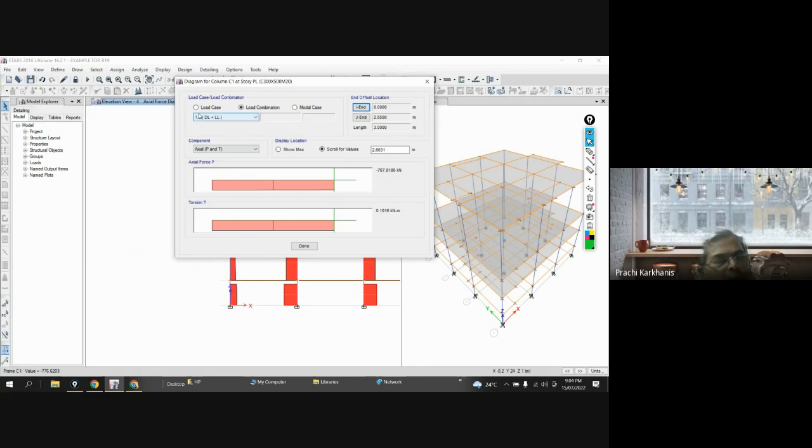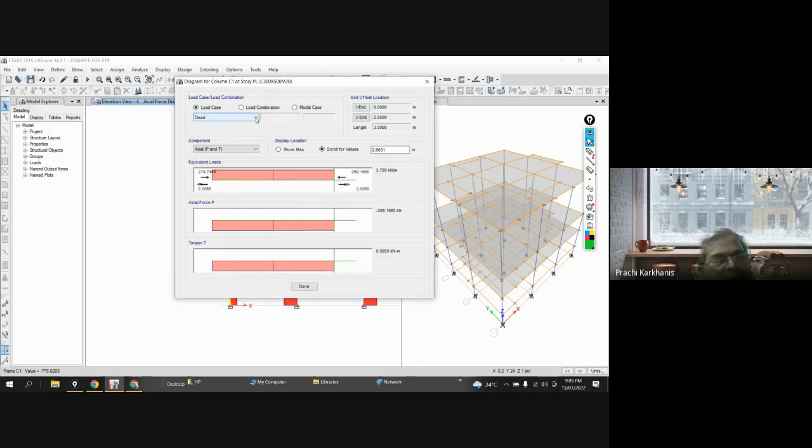And now the best way to check it, so consider this and consider dead load, and you will see this point. So due to dead load, you are getting 269.186, and here you are getting 278.